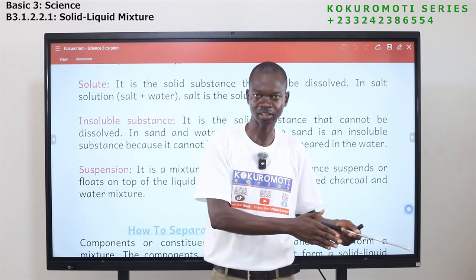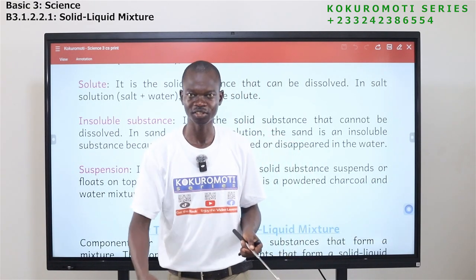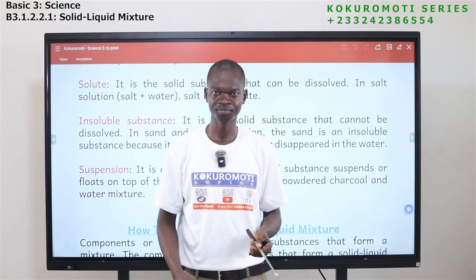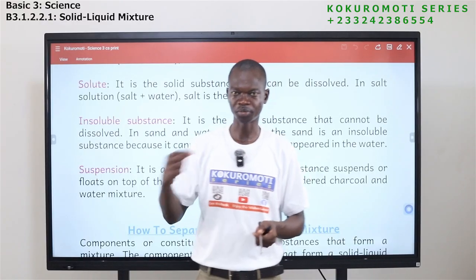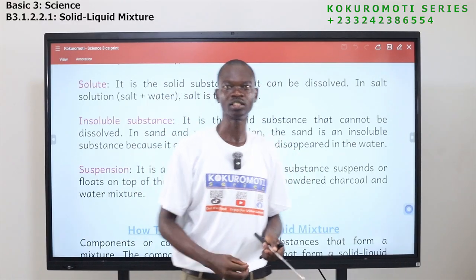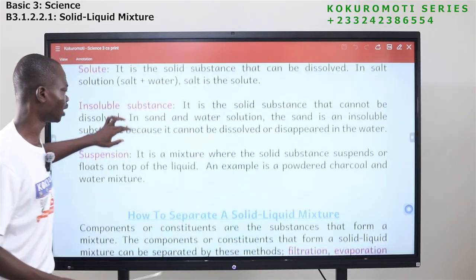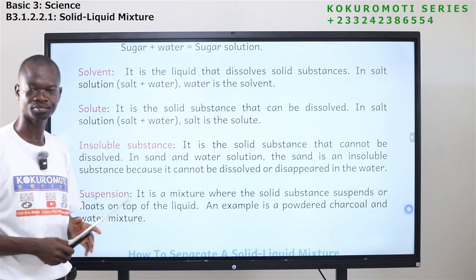So we call the sugar solute. If salt also dissolves in the water, we say the salt is what? Solute. So all solute substances or all solid components, they are solids that are able to be what? To be dissolved. They are solids that are able to be dissolved in a solution.